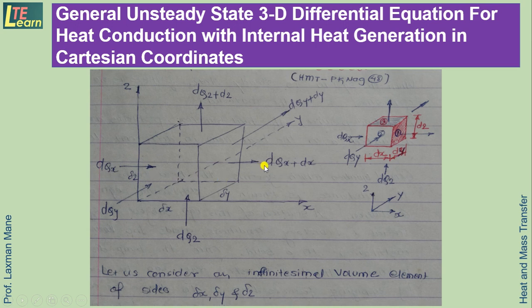This is the heat leaving along the x-axis on the right face of the element, that is dqx plus dx. Similarly, along the y direction, heat entering dqy, heat leaving dqy plus dy. Along the z direction, heat entering dqz, heat leaving dqz plus dz.